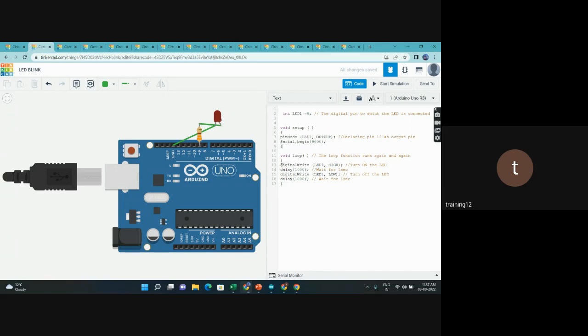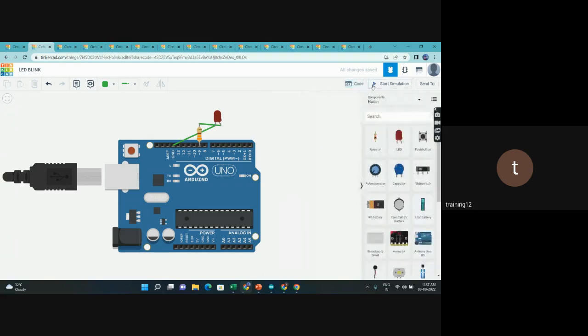So digitalWrite LED1 HIGH, then 1 second delay, then digitalWrite LED1 LOW, then 1 second delay. After that high, after that low, like that the operation is performed. I hope you understand this part of the operation, this code.